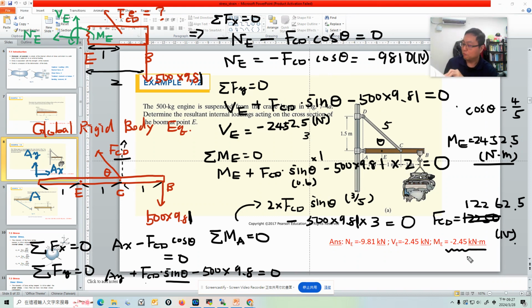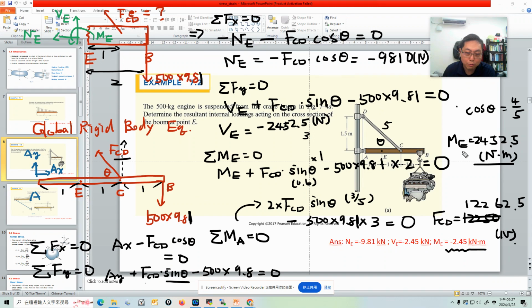But we calculate from the right, so we have a negative sign. That doesn't mean we did the calculation wrong, because if we calculate from the right and calculate from the left, you have the reverse answer, the reverse sign.